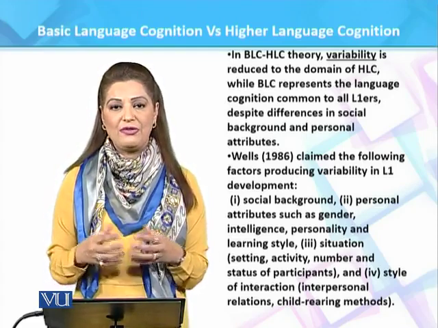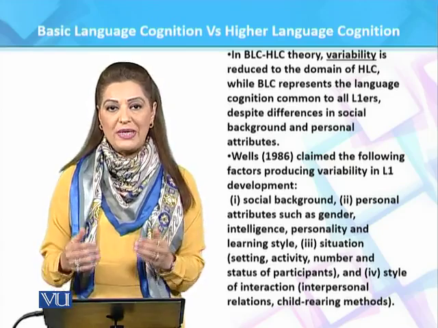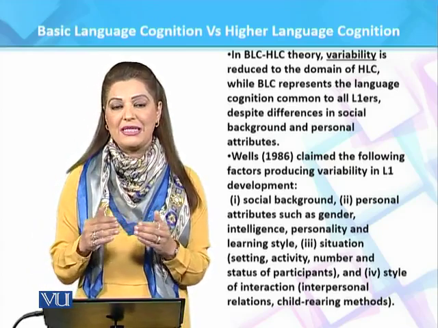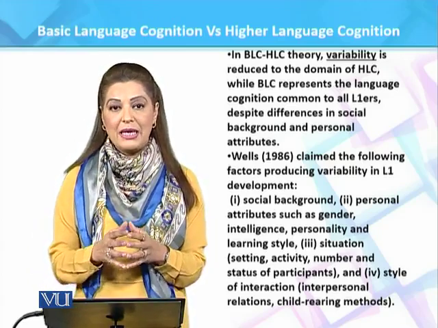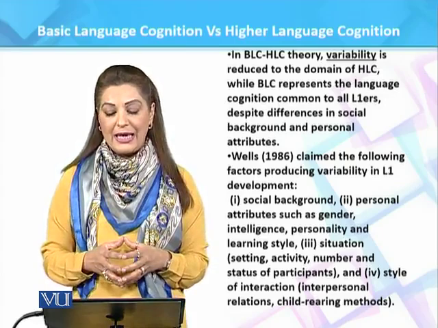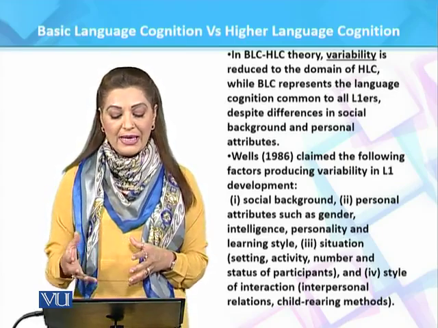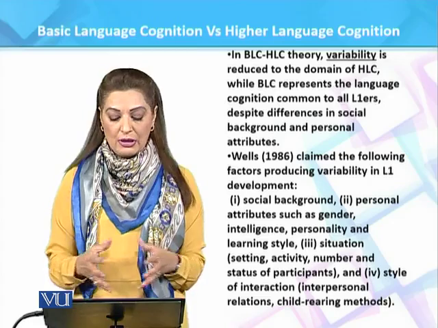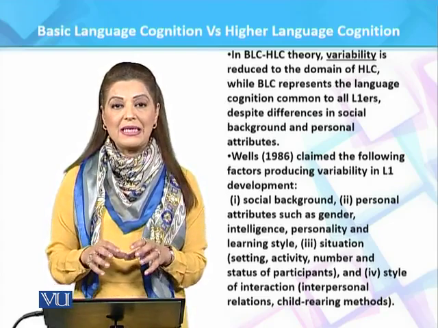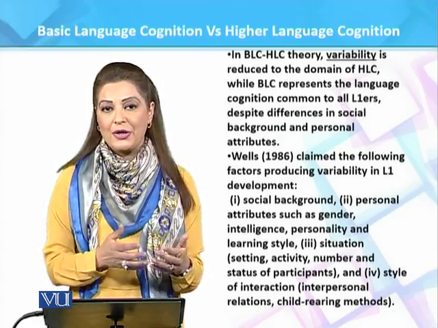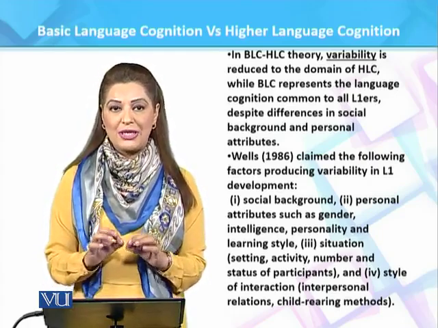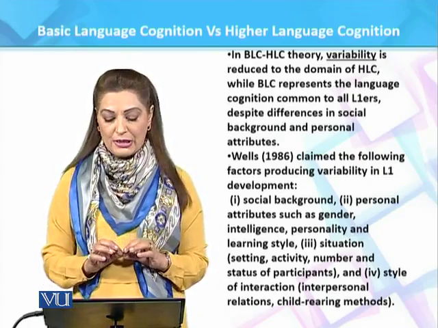So in terms of differences and variation, all these things happen in higher language cognition and not BLC, the basic, because BLC is common and you do not find differences there. Differences are observed in HLC, while BLC represents the language cognition common to all, despite differences in social background and personal attribution. So basically, despite social background differences or different personal traits, the basic language cognition is still common among all the first language learners.